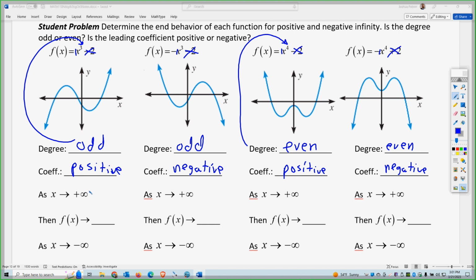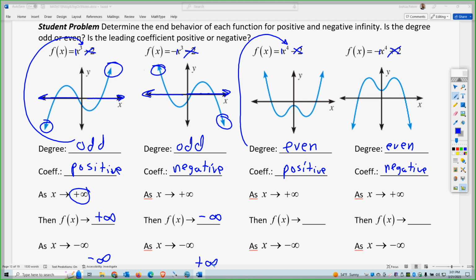All right, so as x goes in the positive direction, the function goes to positive infinity. As x goes in the negative direction, the function goes to negative infinity. So in the next case, as x goes to positive infinity, the function goes down. And as x goes to negative infinity, the function goes up.